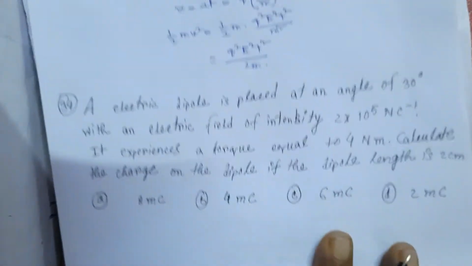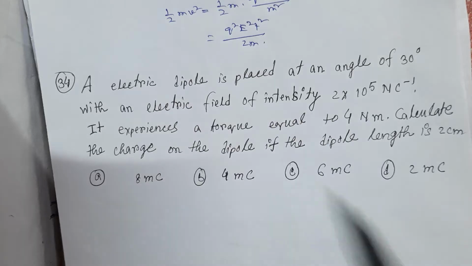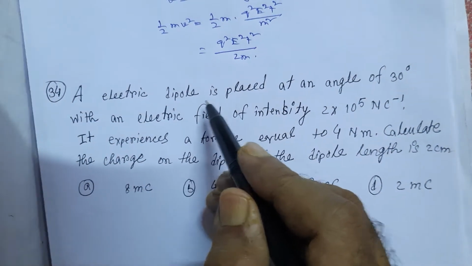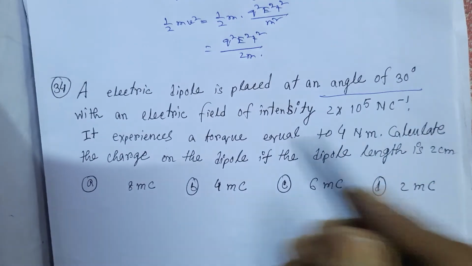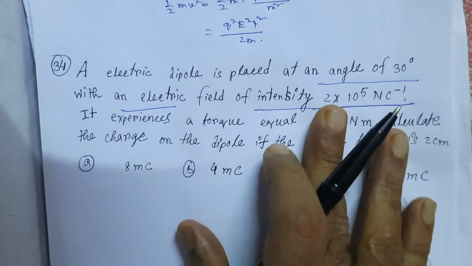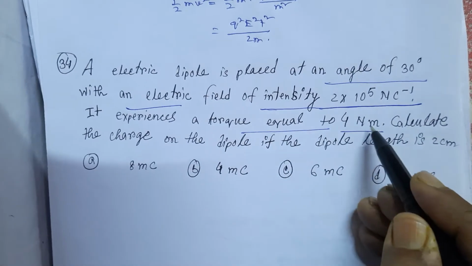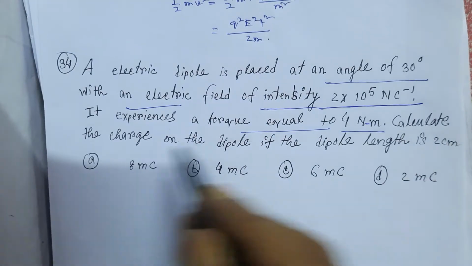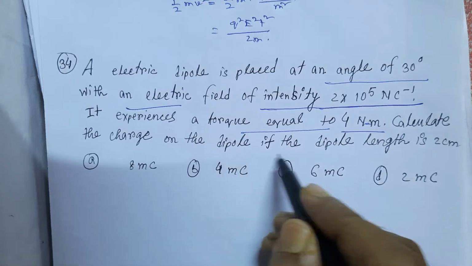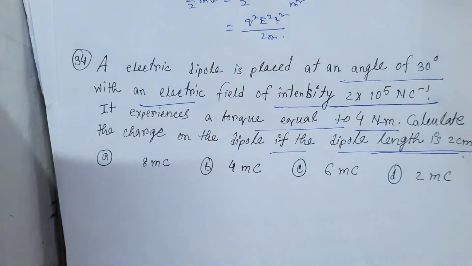Now let us take the question number 34. In question number 34, an electric dipole is placed at an angle of 30 degree with the electric field of intensity 2 into 10 to the power 5 Newton per coulomb. It experiences a torque equals to 4 Newton meter. Calculate the charge on the dipole if the dipole length is 2 centimeter.